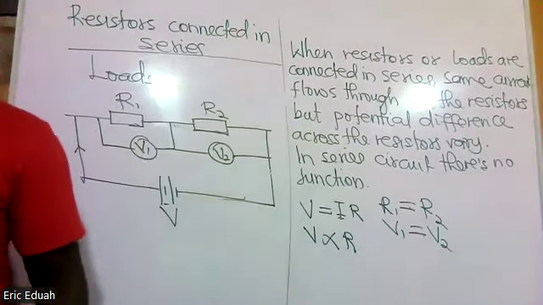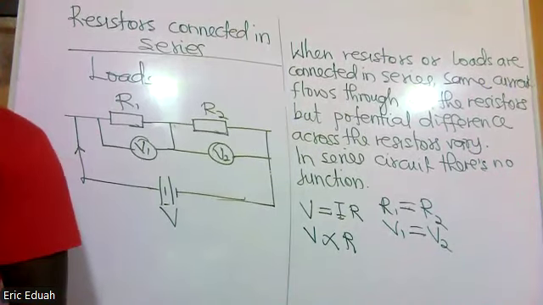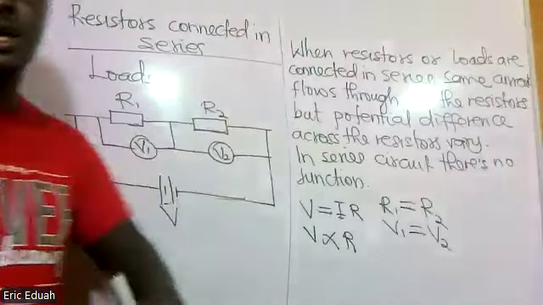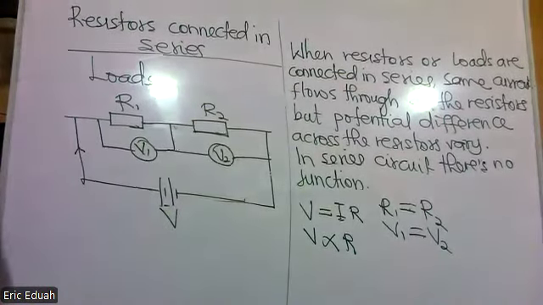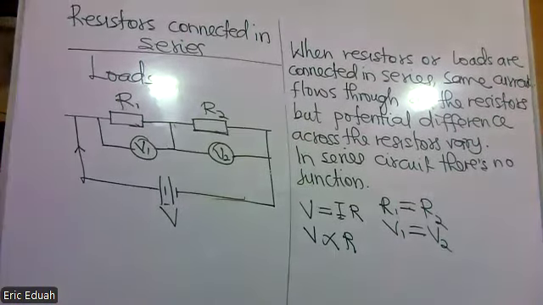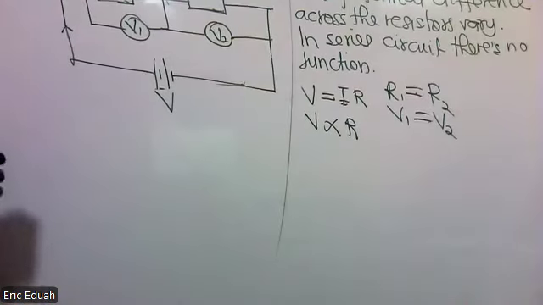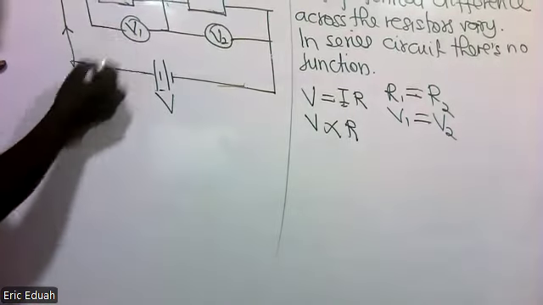Now, what will be the relation or equation for the total resistance? If we are looking for the combined resistance of all the resistors, what will that be? So, the total or equivalent resistance will be equal to, let's find V1.